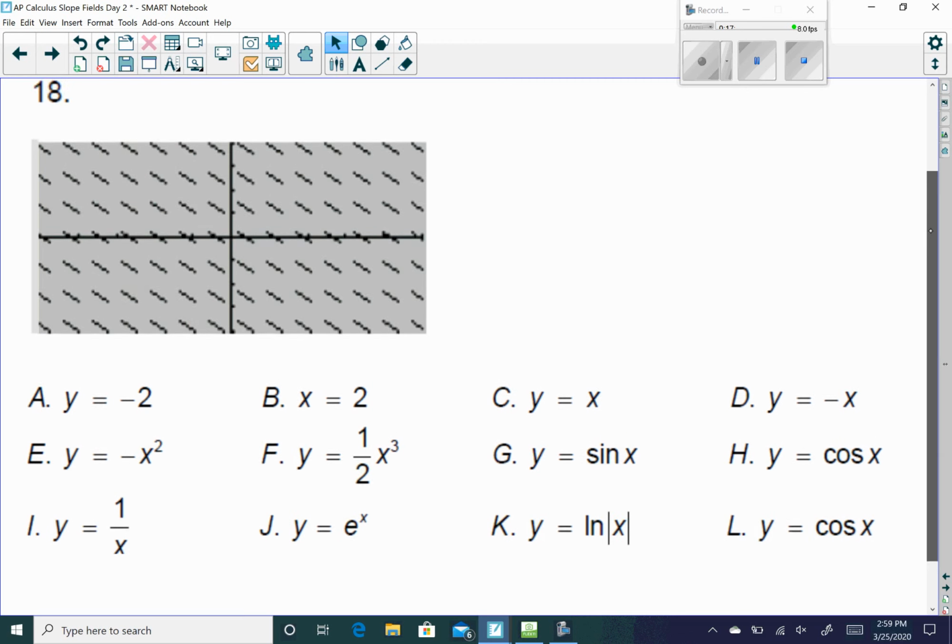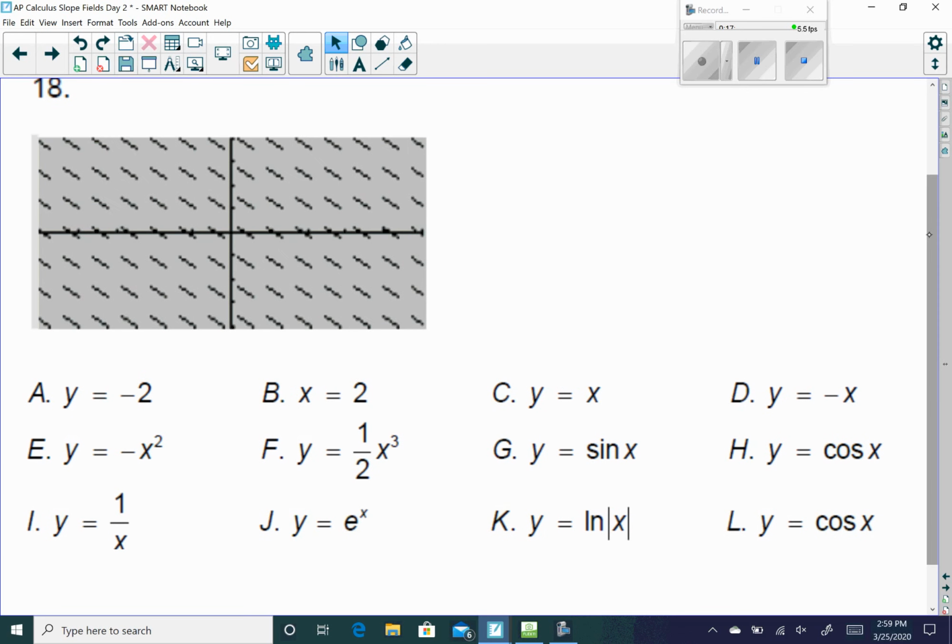So if we were to draw in what we're looking at here, a couple ways to look at this. We know that if we look here, y prime, which is equal to dy over dx, what we're looking at here is these all look to be constant, right? Right, this way.